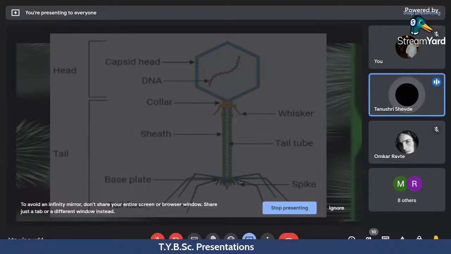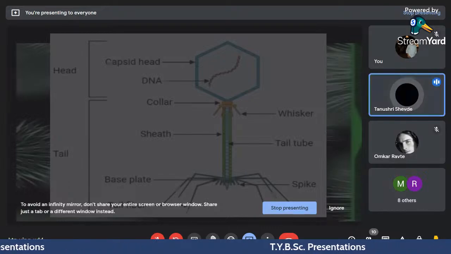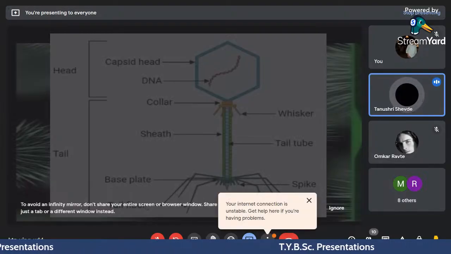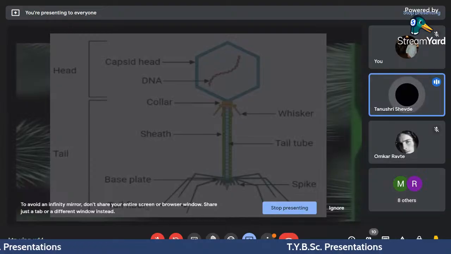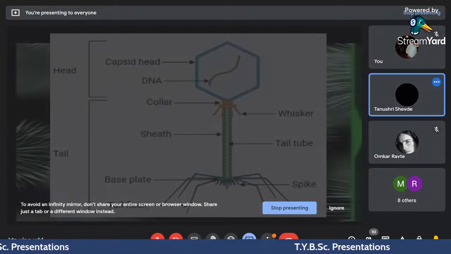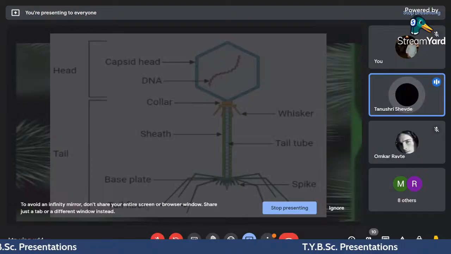It also contains thread-like structures, whiskers, that extend outwards from the collar region, and it also has spike proteins that penetrate and cause infection. The tail portion has six fibers holding the receptor to recognize the attachment site on the bacterial surface. It also has an inner hollow tube-like structure which is surrounded by a sheath with annular rings.